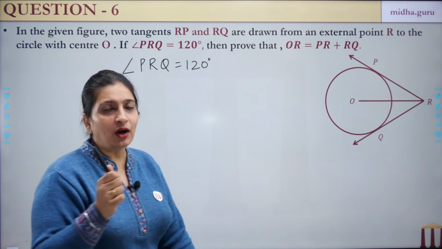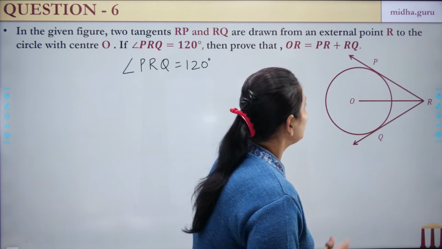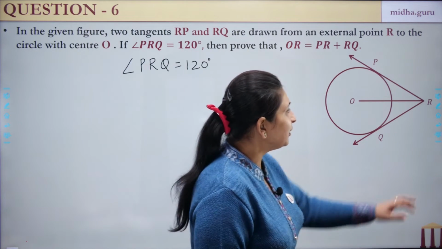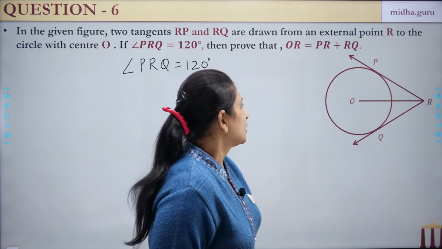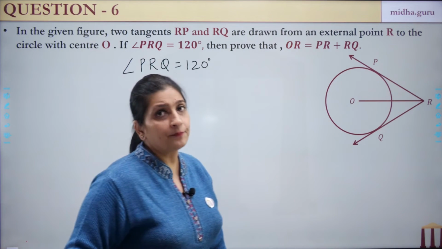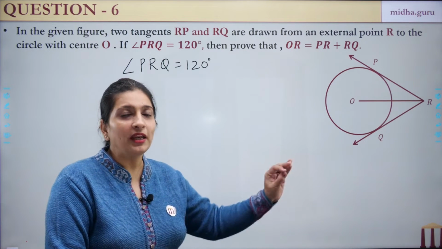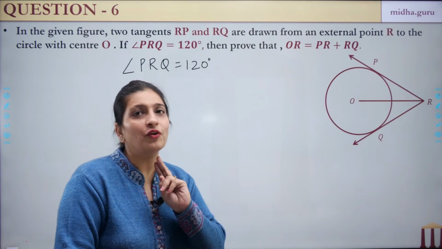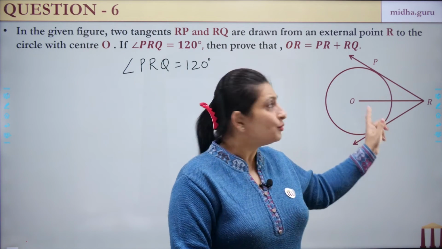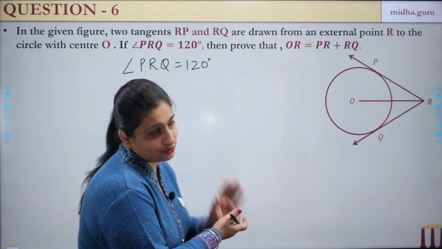And yes, everybody out there is pausing the video and you're doing it yourself. So PRQ is 120 degree, and next we have been given 2 tangents to the circle. So now what we know from theorem 3 is that if 2 tangents are drawn from an external point, they are equally inclined to the line joining the center to that point, which we have seen in one of the questions.